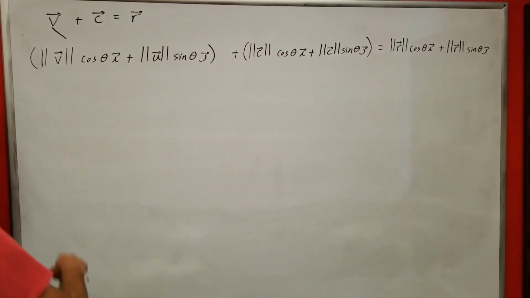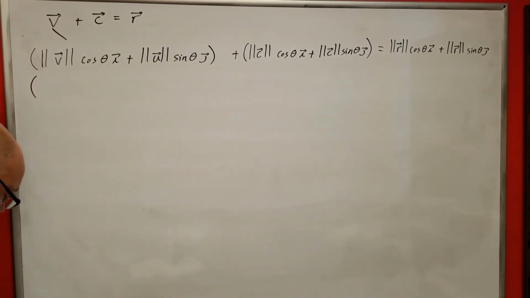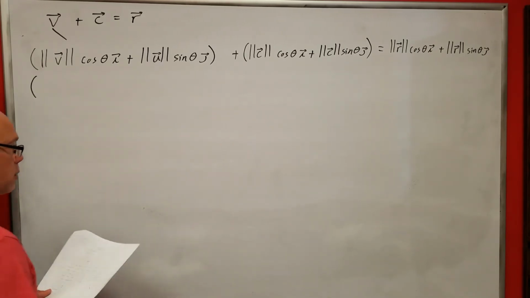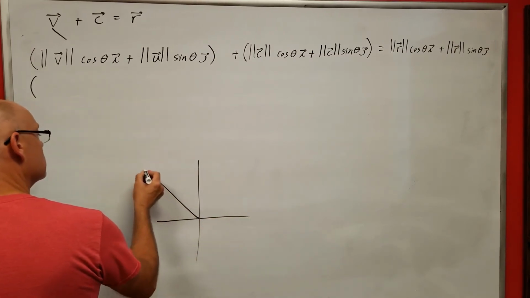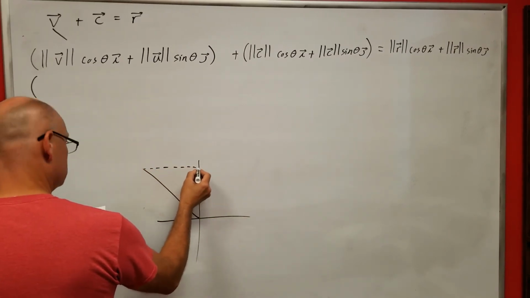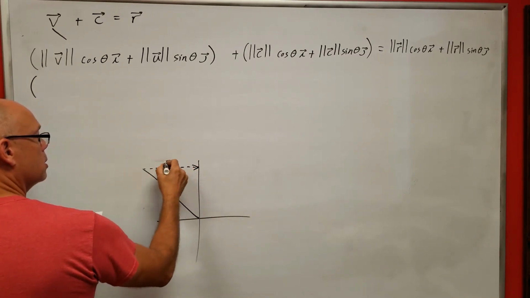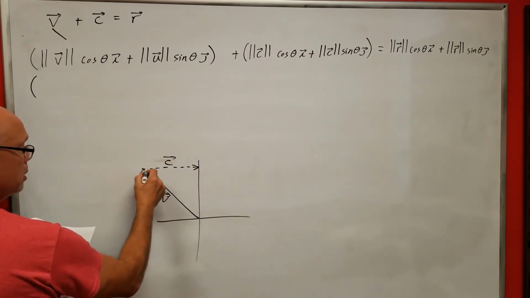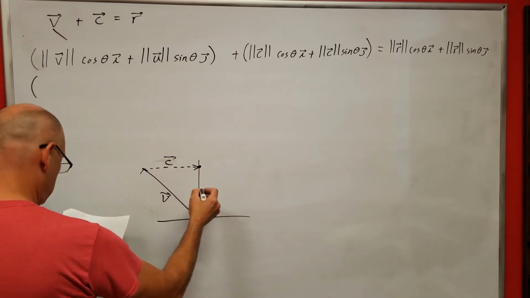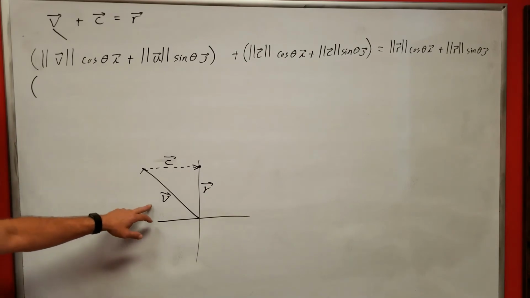So let's see. What was the magnitude of vector V? What was vector V now in a picture that I erased? I had something that looked like this. Okay, we said that was vector C for current. We said that this was vector V here. And what do we call this other vector? Vector R, right? So what was the magnitude of vector V?